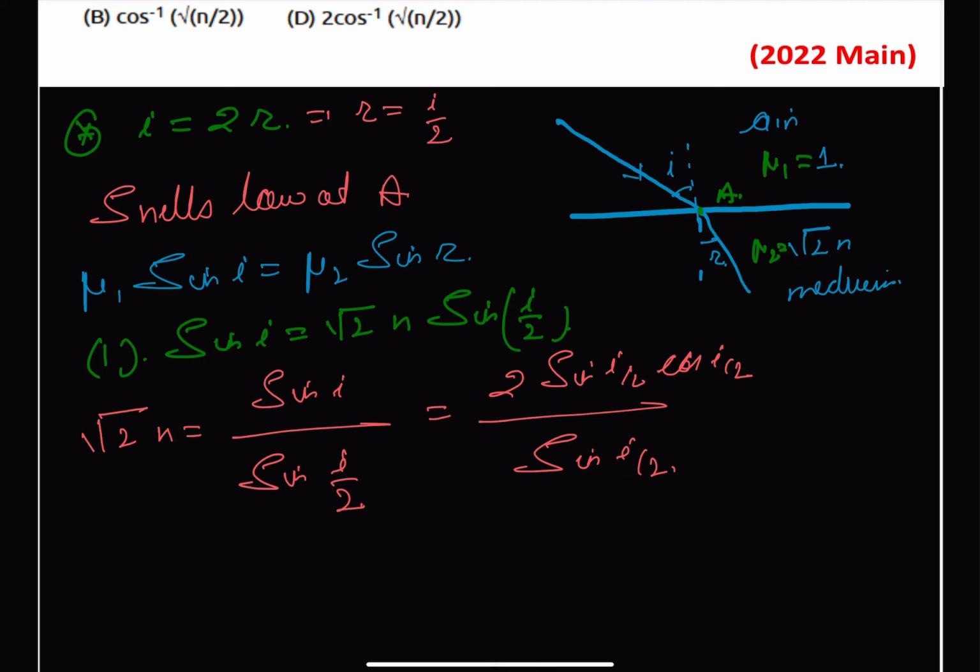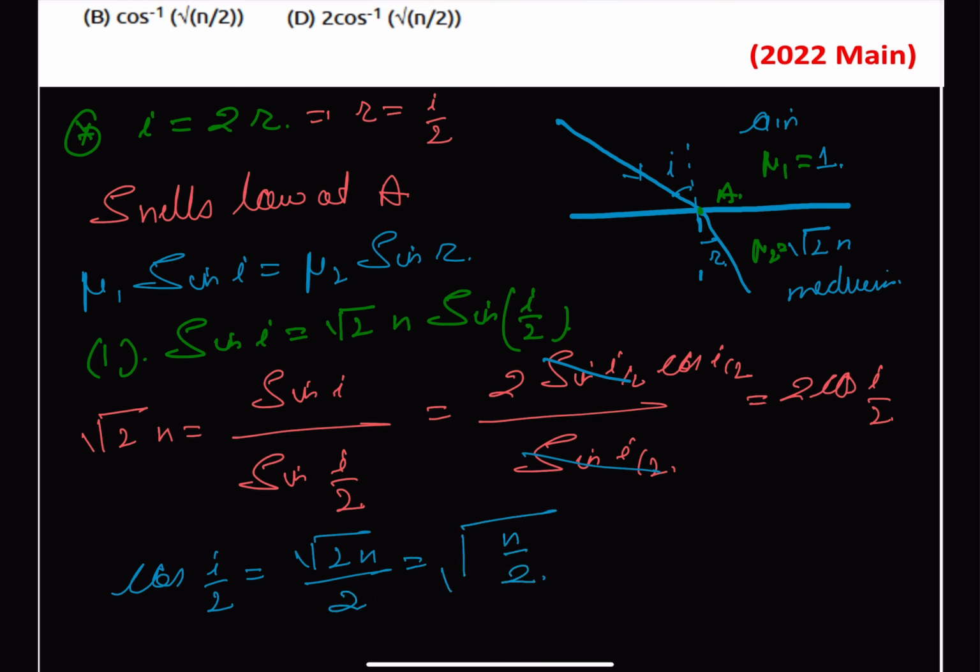This sine of I by 2 and sine of I by 2 cancel out, so we are left with 2 cos of I by 2. And we can write it as that cos of I by 2 will be equal to square root of 2n divided by 2, giving us square root of n divided by 2.